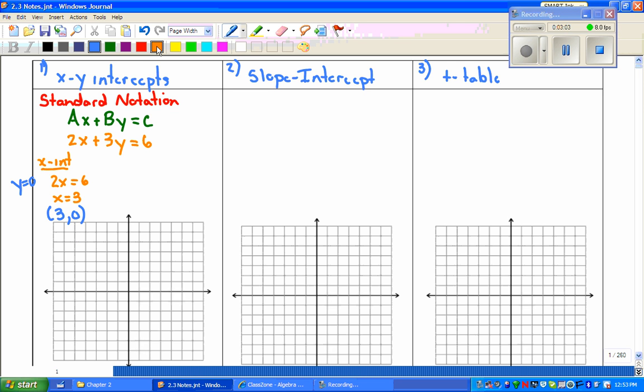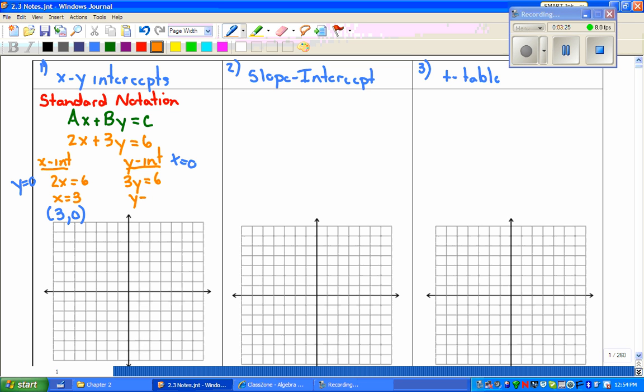There's your x-intercept. Y-intercept, same exact idea, except it's where you're going to cross your y-axis. So we know that my x is going to equal 0 at these points. So let's just get rid of my x's, just cover that up, and you're going to be left with 3y is equal to 6.